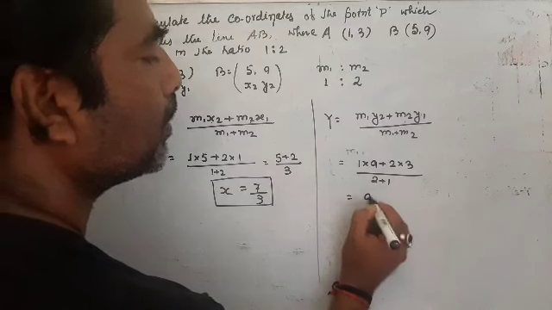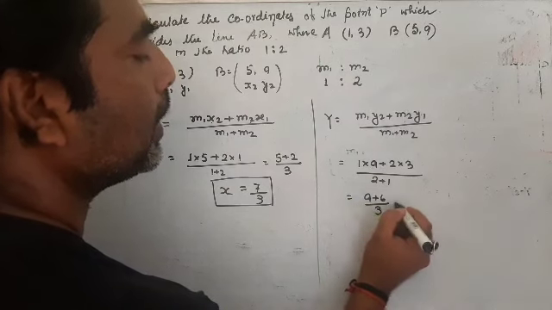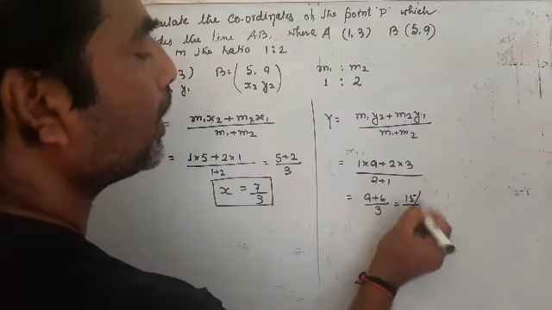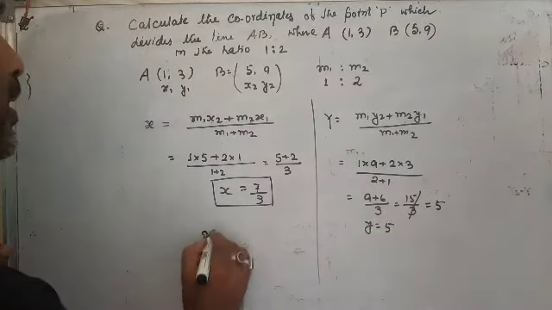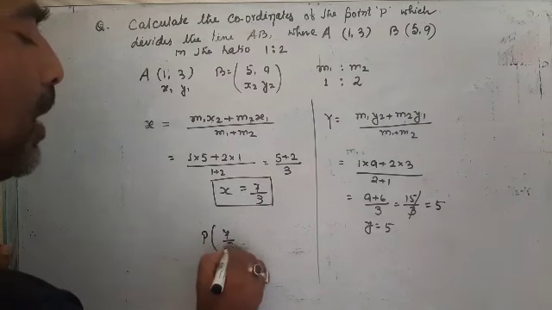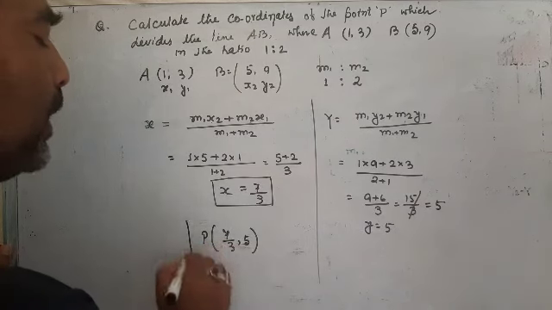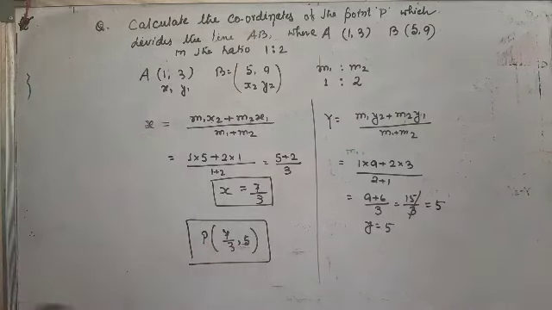So (9 plus 6) by 3, that is 15 by 3, which is 5. Y is 5. That means the coordinates of P are (7/3, 5). That is your answer.